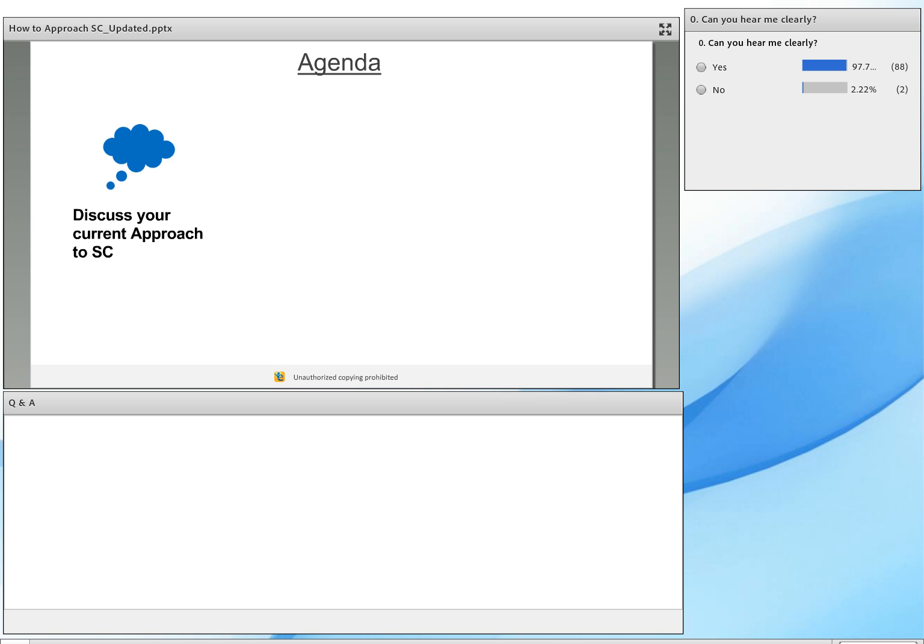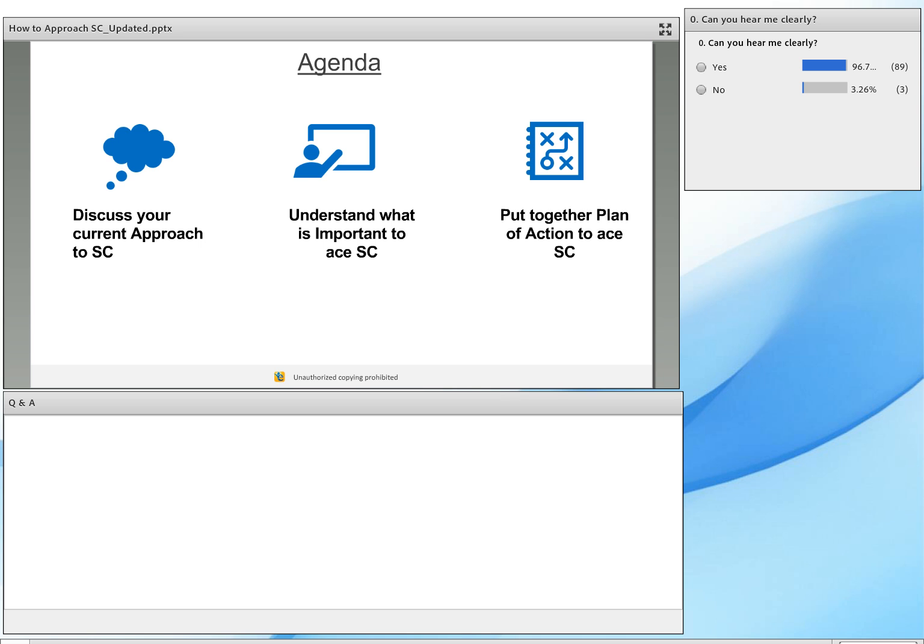All right, so this first step is really very important. The second thing that we're going to do is understand what is important to master sentence correction. What are those skills that are absolutely critical if you are to master this section? And towards the end, we're going to put together a plan of action so that you know exactly how you are supposed to execute this plan.